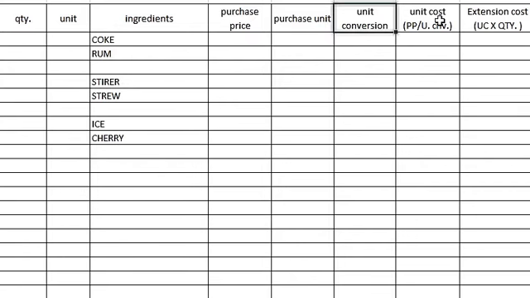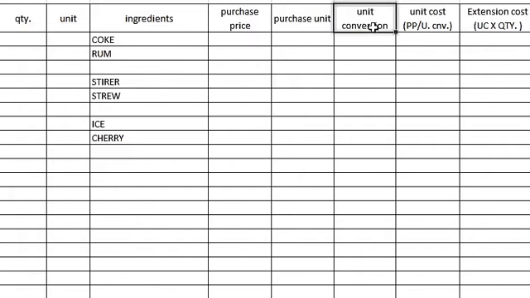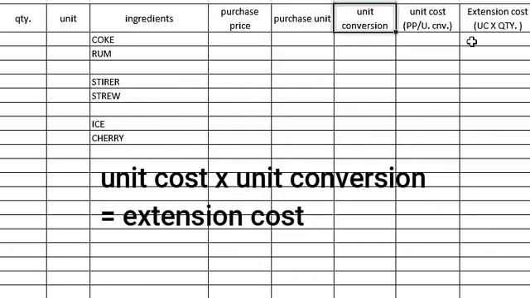So kung sa pagkuha ang unit cost, ang imuhang purchase price i-divide sa imuhang unit conversion. So pilay nahimo after nimo i-divide into pilay per serving. Okay, and then we have the extension cost. So ang pilay presyo sa imuhang per shot or per serving sa imuhang Coke.